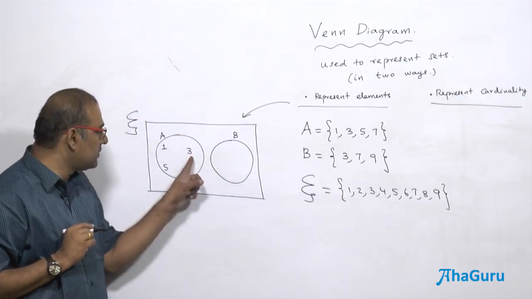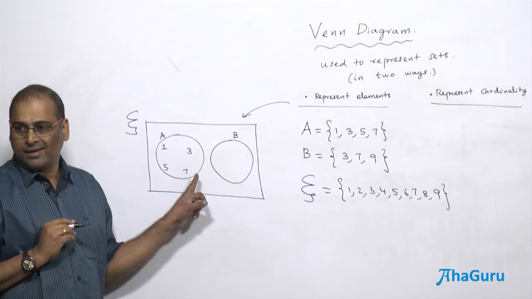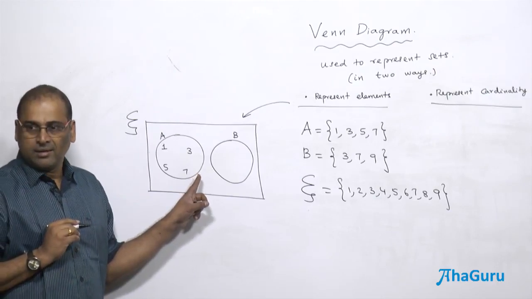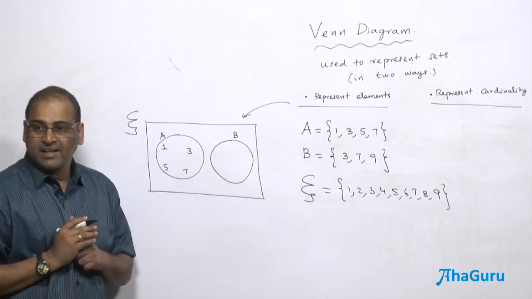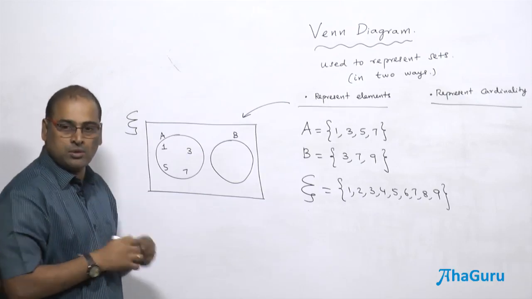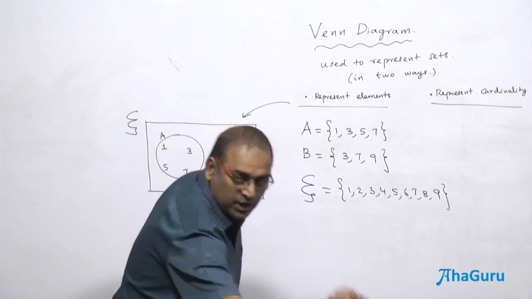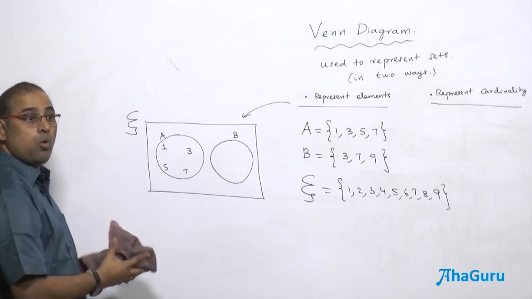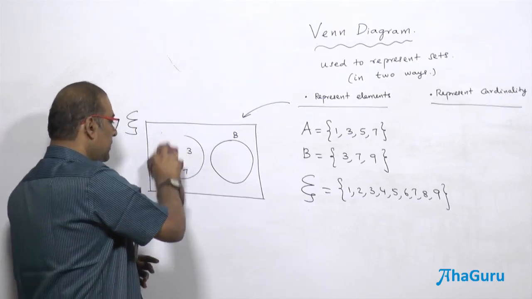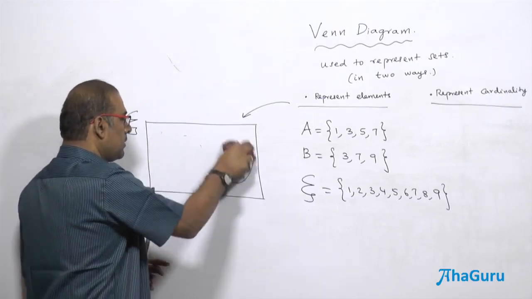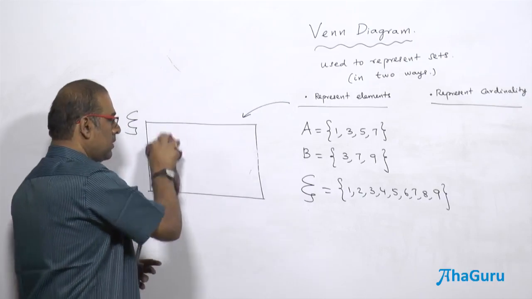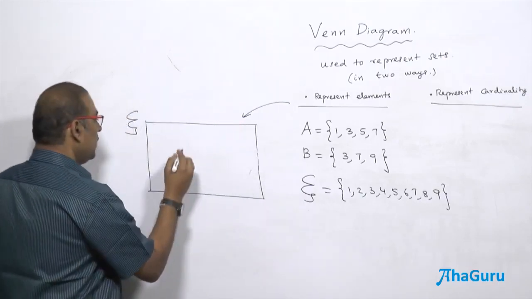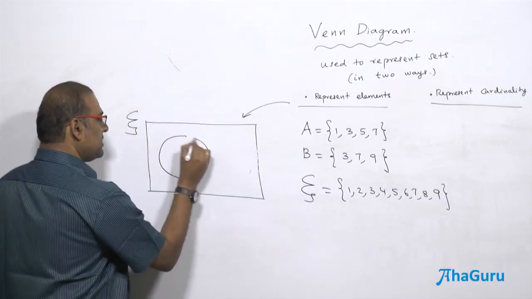But then I need 3, 7, 9. The point is this 3 and 7 belong to both A and B. That means I have to slightly adjust the figure. What should I do? I must have overlapping circles. This is called a generic diagram.